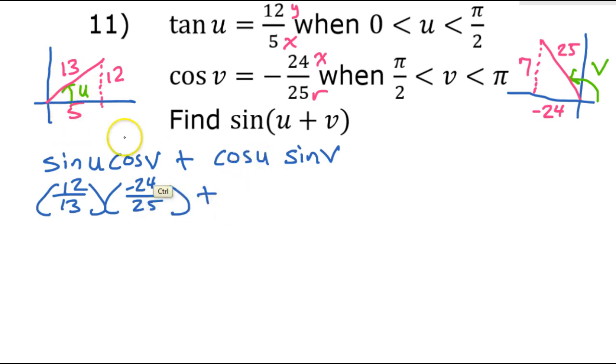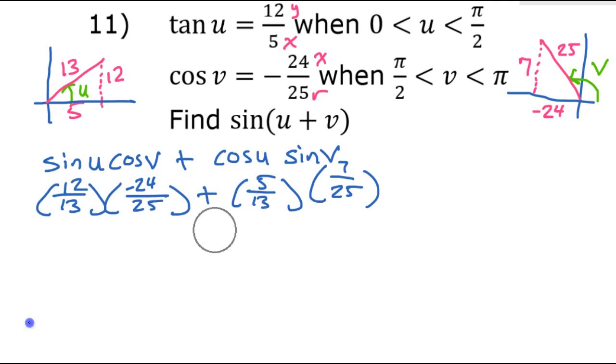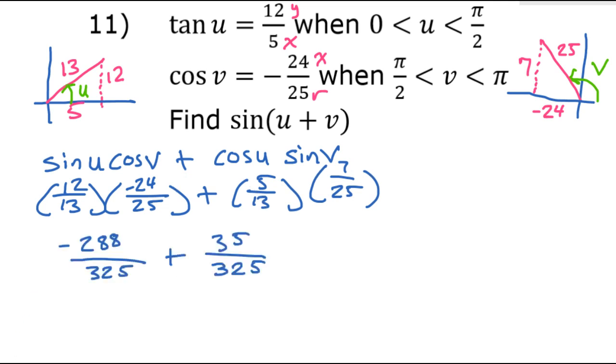Cosine of U, that's 5 over 13. And sine of V, that's 7 over 25. Okay, so that makes negative 288 over 325 plus 35 over 325. So that's negative 253 over 325, and that's going to be the final answer.